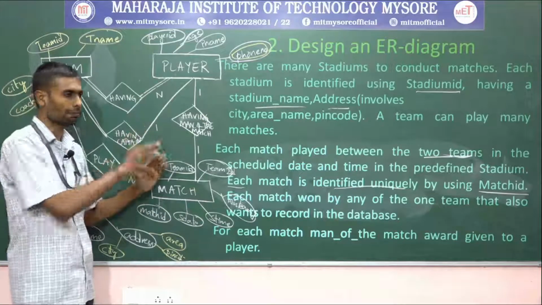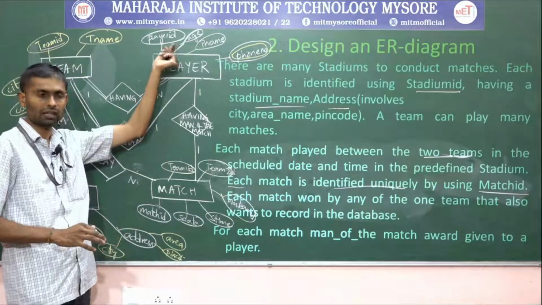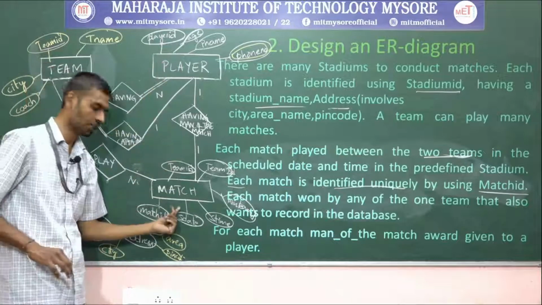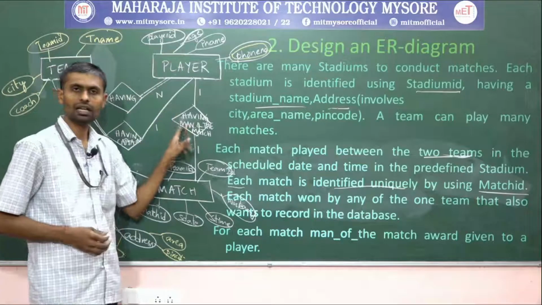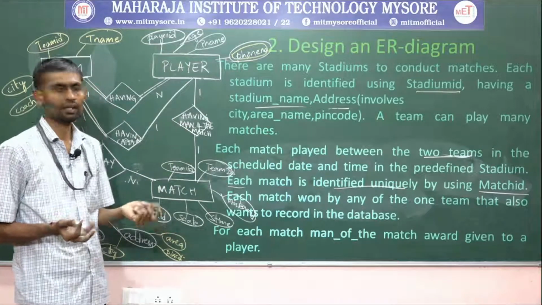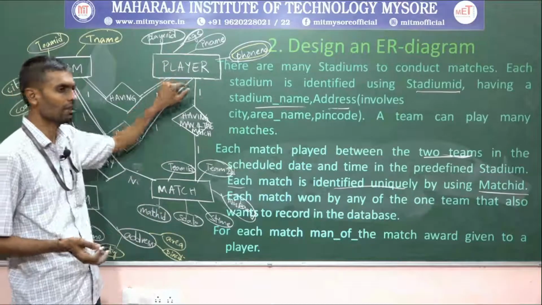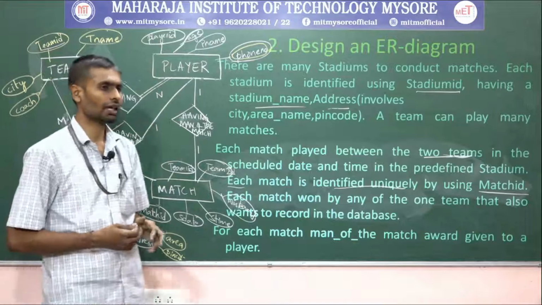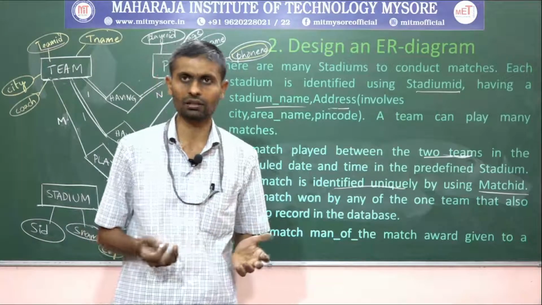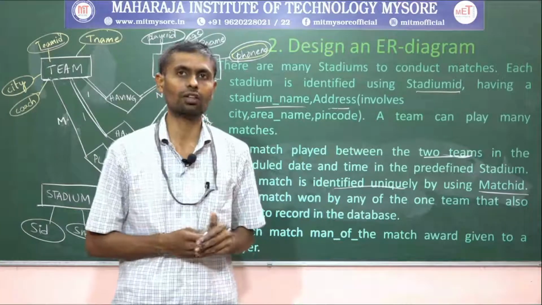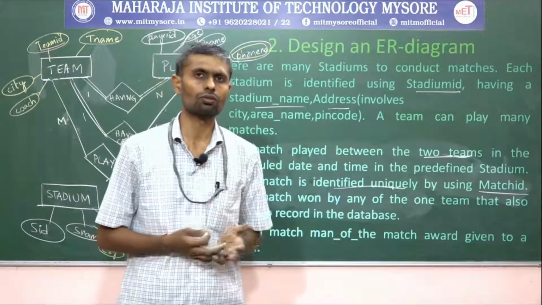So when we go with mapping, automatically this player ID, the man of the match player ID, becomes a foreign key. When you go with mapping, we will see it. But whether all players will get a man of the match, who knows, we cannot say. If we are having 10 matches, then there could be hundreds of players. So only 10 man of the match awards will be given, right?